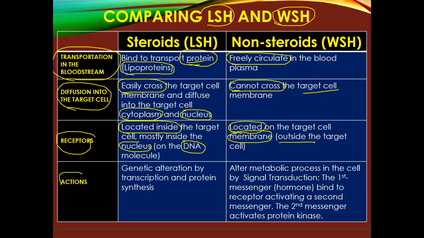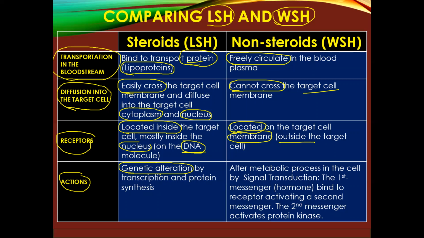The action is very logical. Because the receptor is located on the DNA for steroid hormones, the action will be alteration of genes. Just remember, examples of steroid hormones are sex hormones. So a sex hormone, for example estrogen, will alter the gene and control the characteristics of a female.